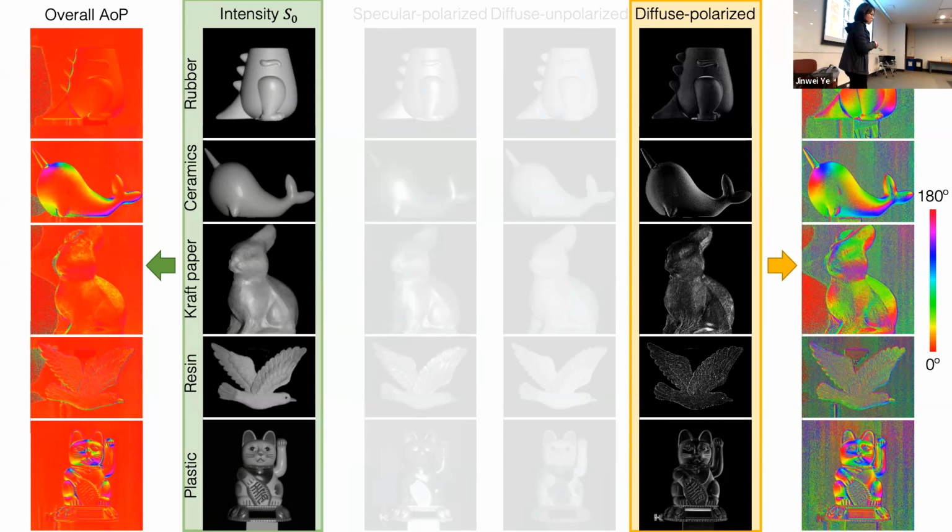For material, we want to estimate the Mueller matrix or BRDF. For the work I talked about today, you can actually get some estimate of the refractive index, because in the polarization equation the refractive index is part of the equation.